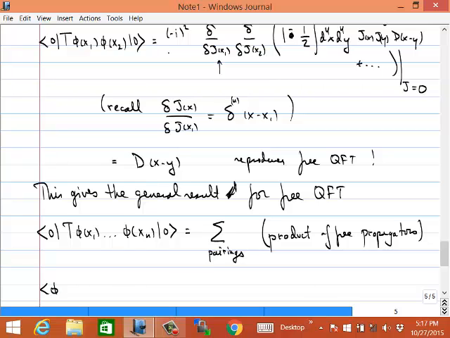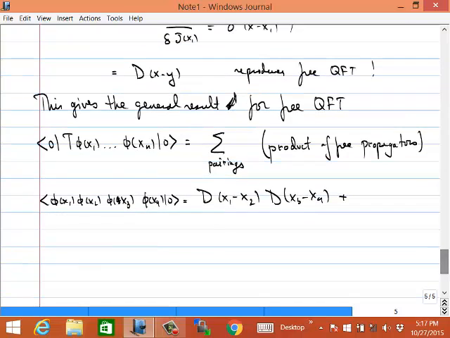So that, for example, phi of x1, x2, x3, x4 is going to be equal to the propagator for a particle to go from x1 to x2 times the propagator to go from x3 to x4, plus the propagator to go from x1 to x3 times the propagator to go from x2 to x4, plus the propagator to go from x1 to x4 and from x2 to x3.